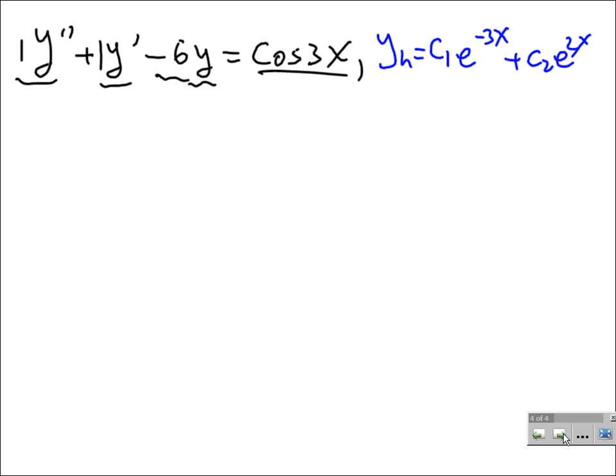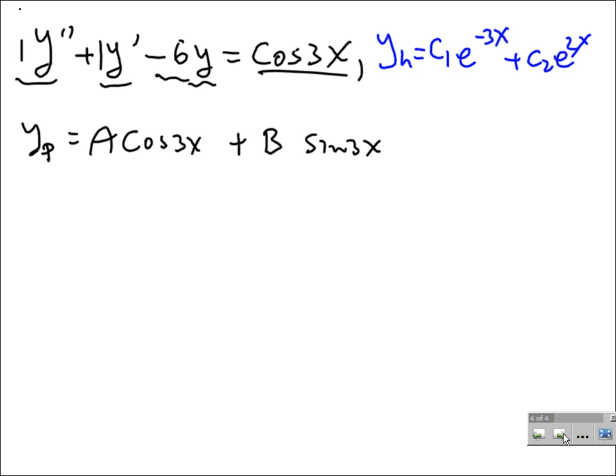So I'm going to let y particular be a linear combination of cosine 3x and sine 3x. That is, some number a of cosine 3x plus a number b of sine 3x. And I just want to find a and b.